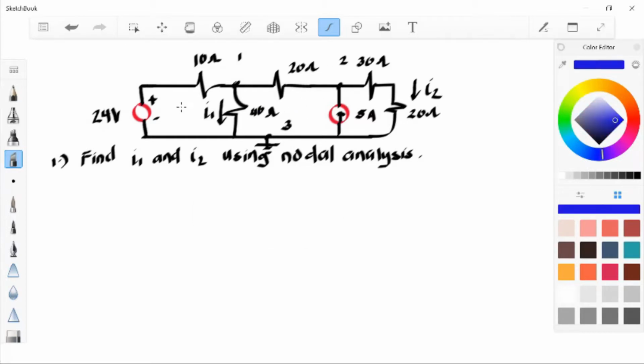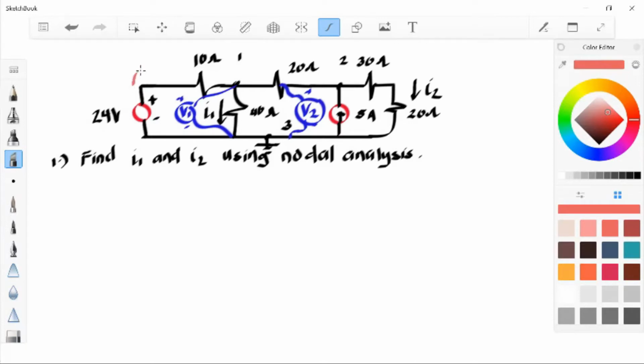So let's assign nodal voltages. This is V1, common node, and this is V2, common node again, positive, negative, positive, negative. And as you can see, there are 5 currents present in the circuit.